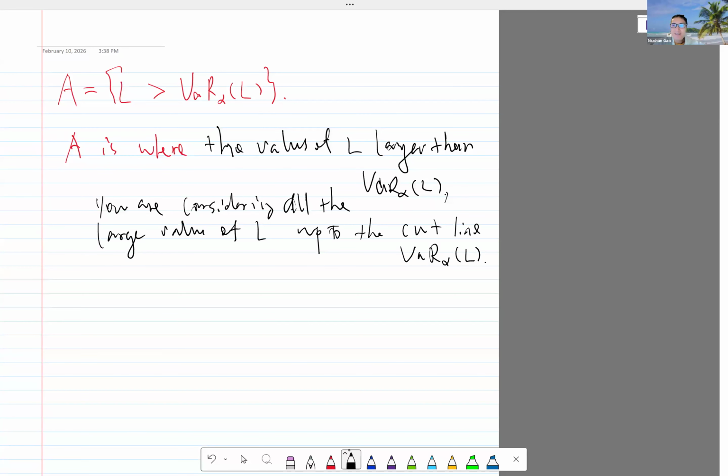And luckily the set has probability, and the probability of A, by our proof above, is 1 minus alpha, right?